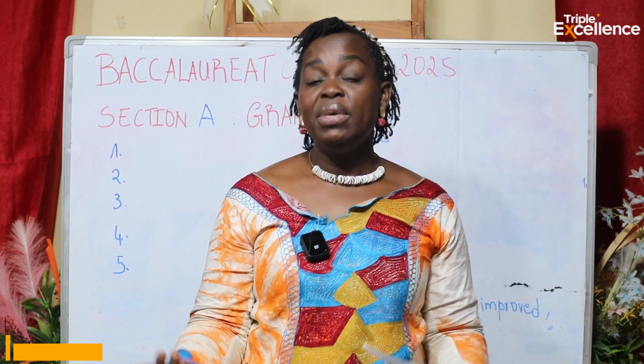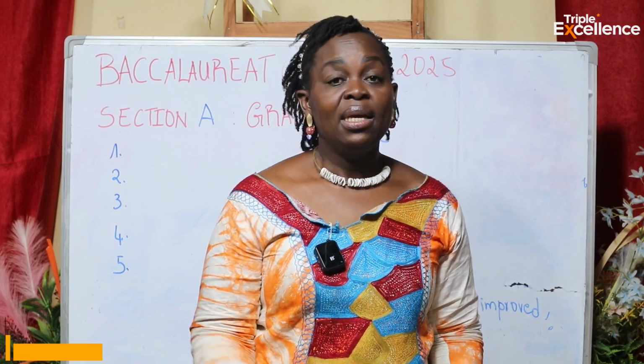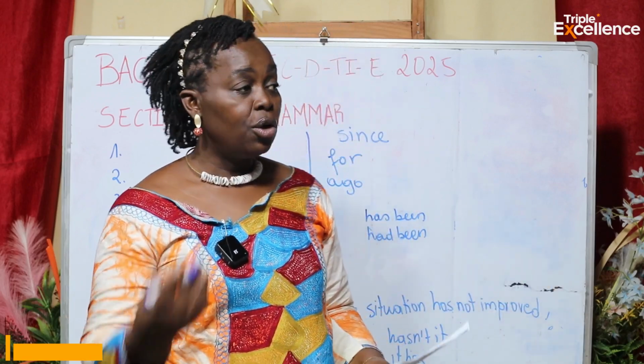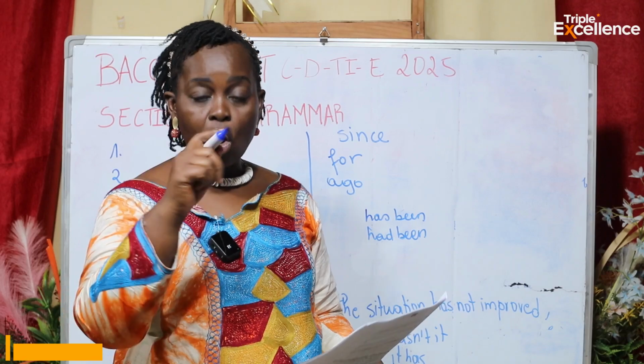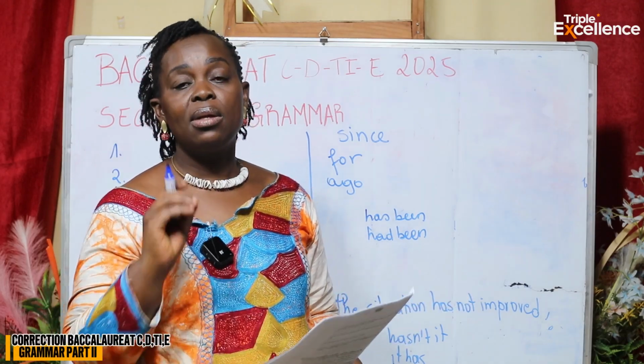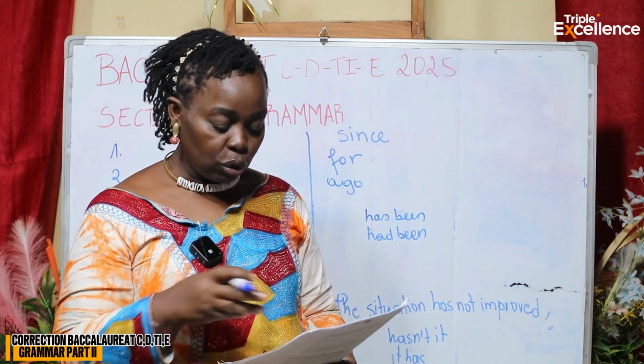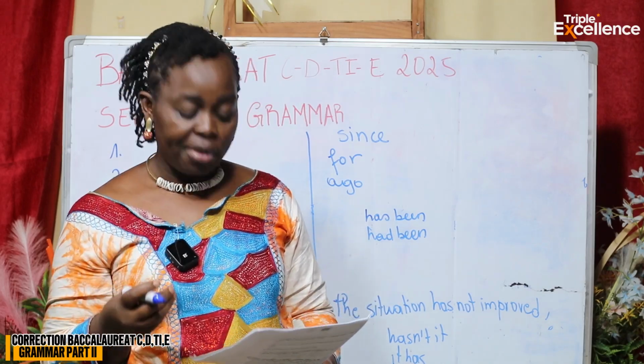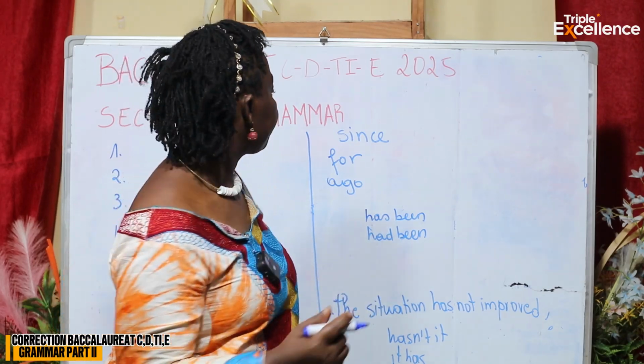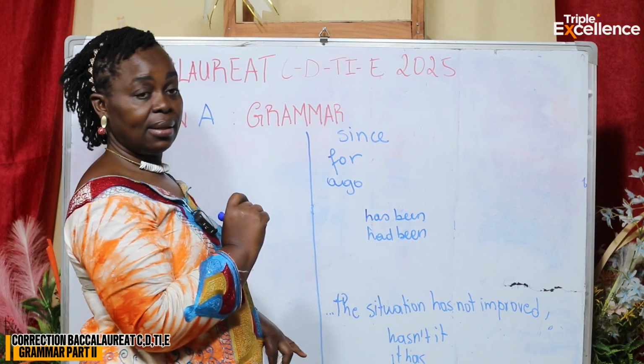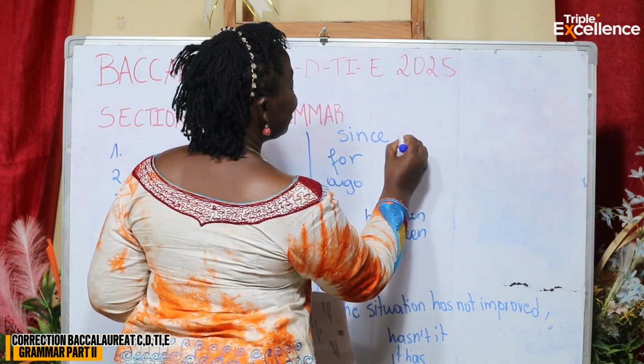We use the elimination process. In the elimination process, you eradicate wrong options and you maintain the correct one. So you have to choose between since, for, and ago. Since has to do with the starting point.